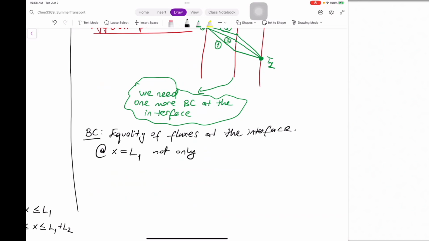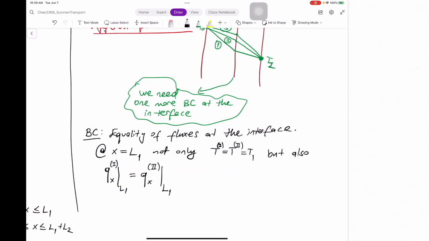not only T is equal to T1, or T for the material 1 is equal to T for the material 2, and that's equal to T1. But also the flux Qx at L1 for the material 1 must be equal to the Qx for the material 2 at L1.